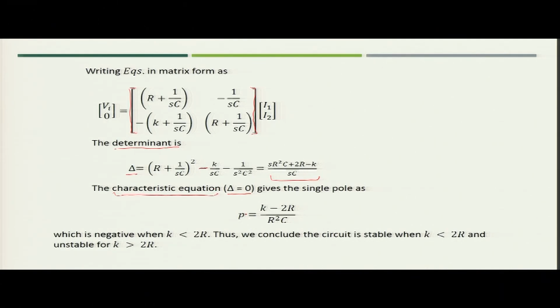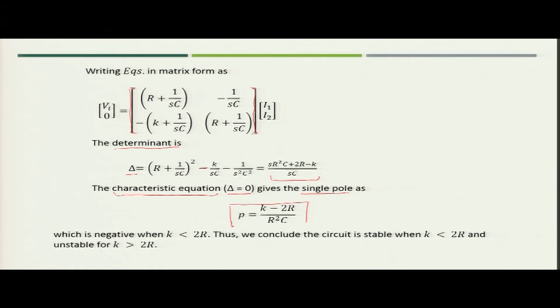Then what you will get? You will get the value of a single pole, because the numerator component only contains degree 1 of s, so you will have only one single pole. The value of the pole P would be k minus 2R upon R square c.